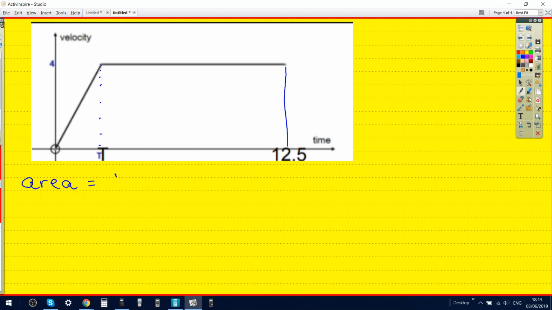Because that's the area of a trapezium? Yeah. So 12.5 plus 12.5 minus t, times 4. And that's it. They didn't say simplify it.